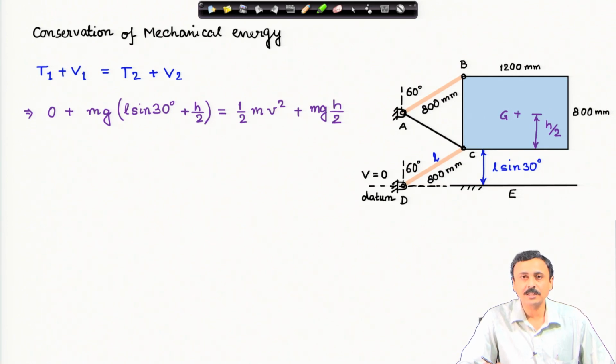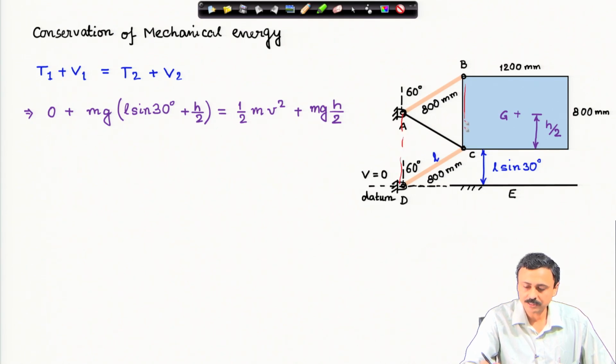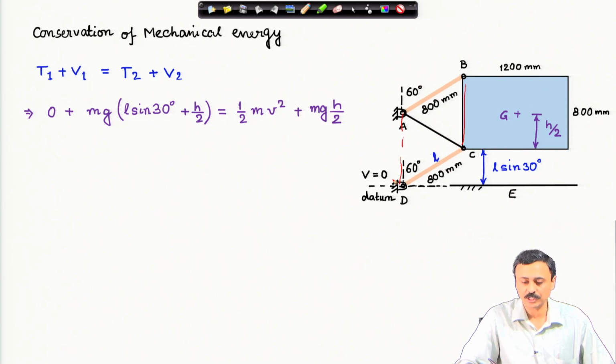The mechanism will not allow rotation. This edge and this edge will remain parallel, and that is why there is no rotation of the plate. Therefore, it is only the translational kinetic energy, half m velocity of center of mass square, plus the final potential energy, mg h by 2, that is the height of the center of mass from the datum.